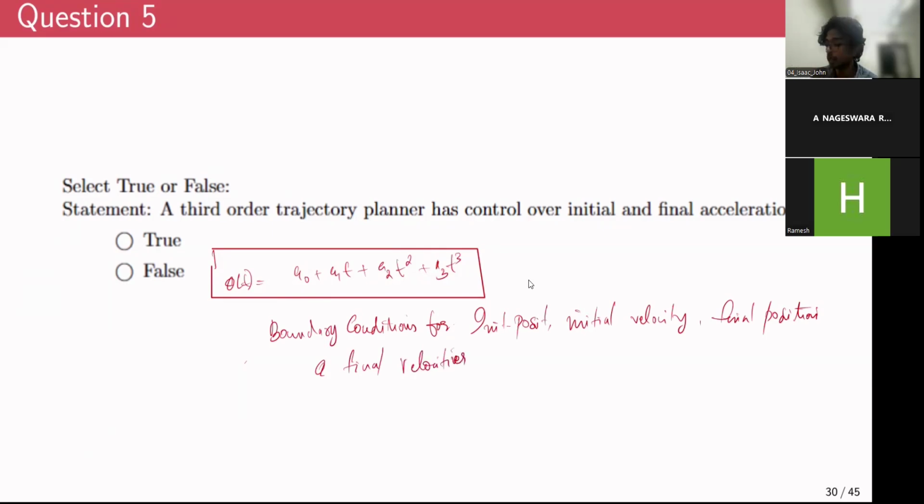So in essence, we can only control initial position, initial velocity, final position, and final velocity. We can choose the boundary conditions to our liking.